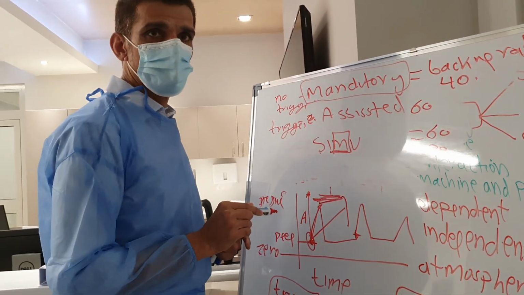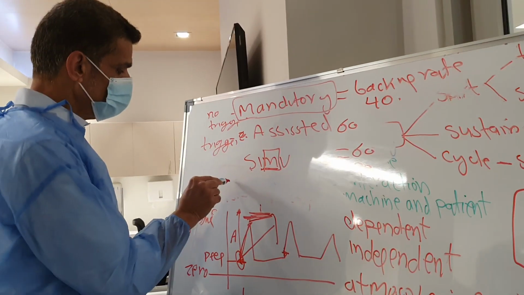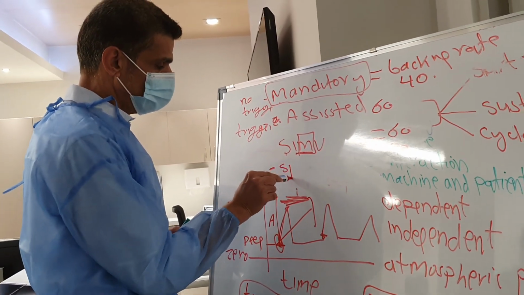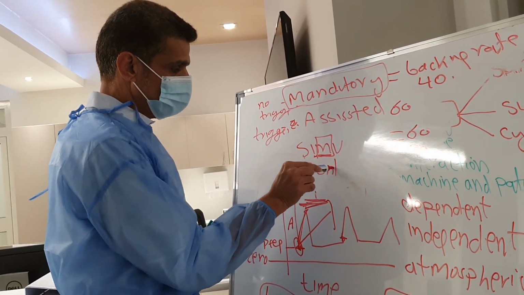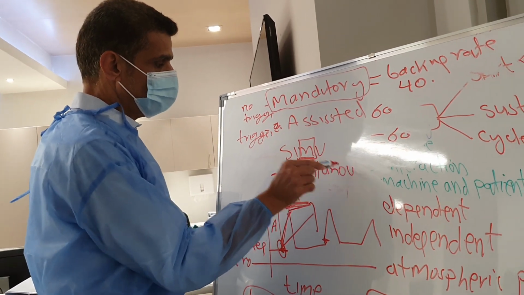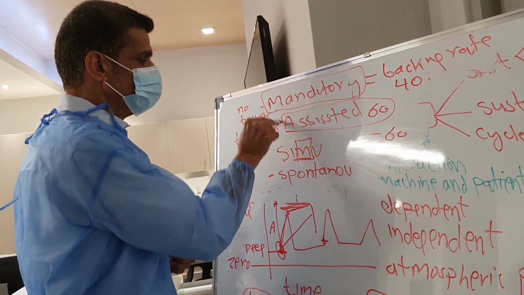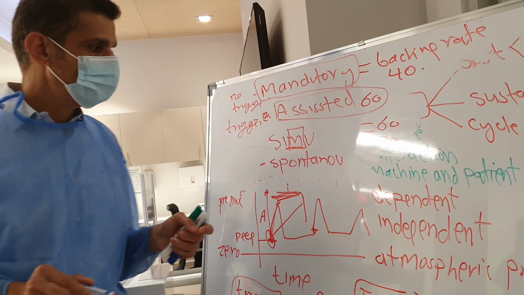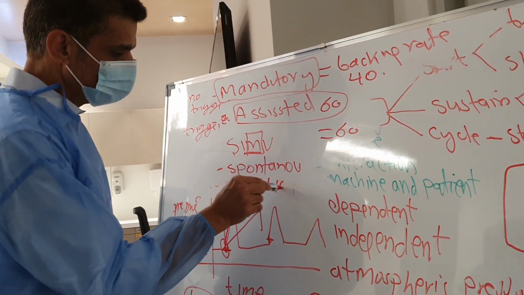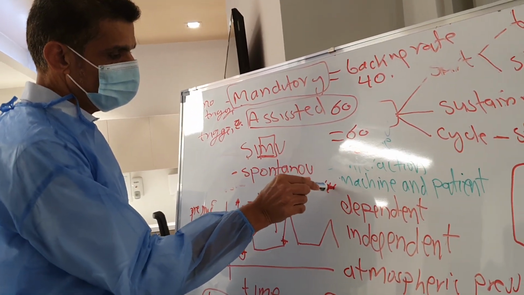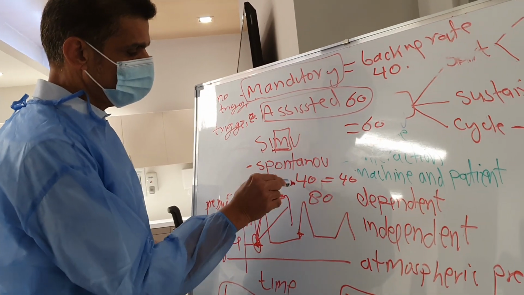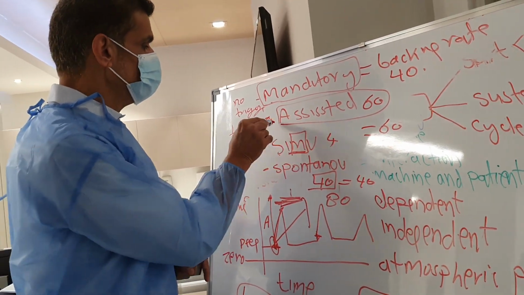We don't give assisted. And therefore we will see the other wave, which is the spontaneous. In SIMV we never see assisted because it will not help. So if we set it 40, the machine will give 40. If the patient breathes 80, we'll see 40 mandatory and 40 spontaneous.